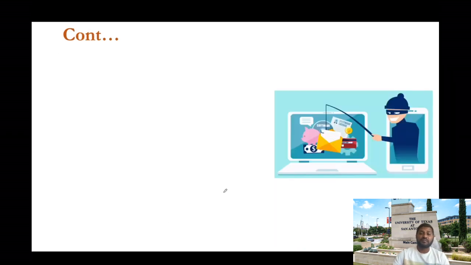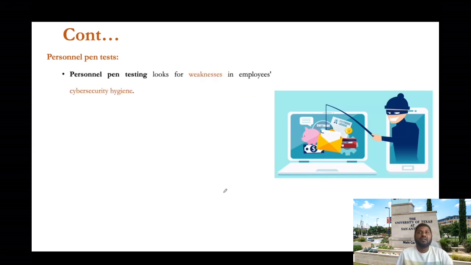Another one is personal pen testing, which looks for weaknesses in employee cybersecurity hygiene. Put another way, these personal pen tests assess how vulnerable a company is to social engineering attacks.